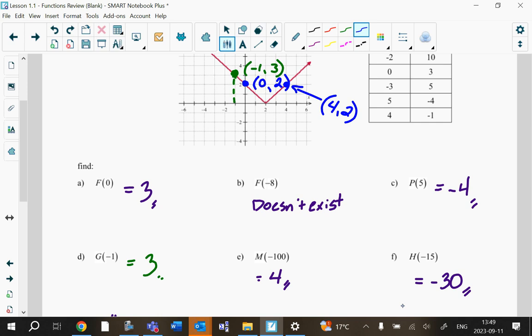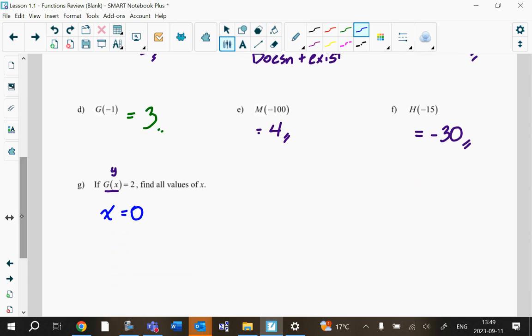One where x is 0 and one where x is 4. That's why you were asked to find all values of x. Any questions?